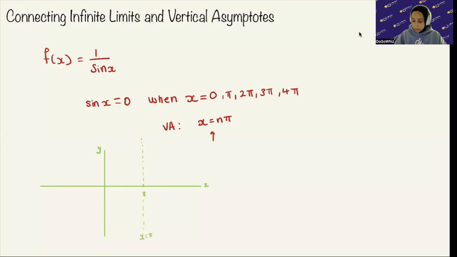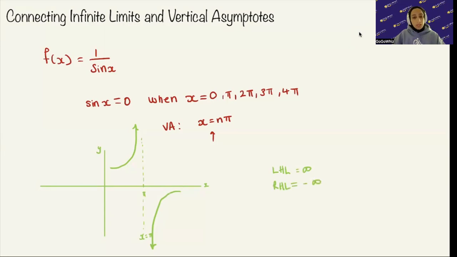Now, you're considering the behavior before and after. If our function is approaching infinity as it comes from the left side, and from the right side it's approaching negative infinity, then our left-hand limit is infinity and our right-hand limit is negative infinity.